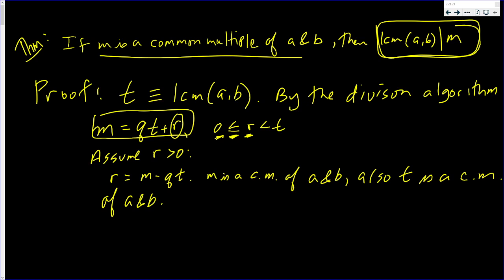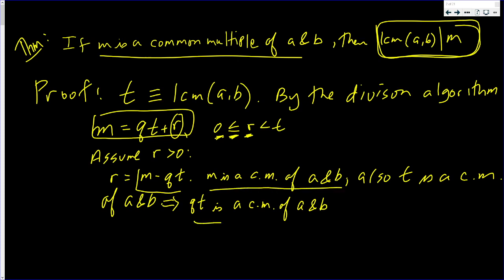Well, that implies that qt is a common multiple of a and b. So m is a common multiple, qt is a common multiple.